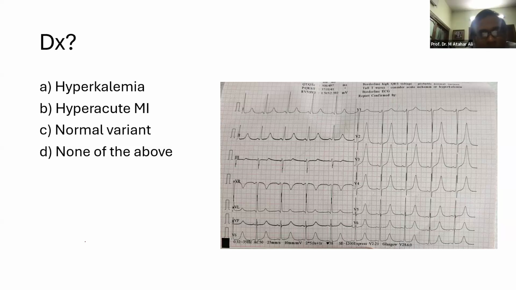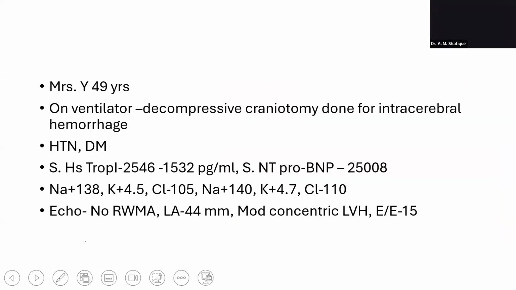So actually, this one point, it is really difficult for me to go into diagnosis in my patient. Patient was in ICU, female, 49 years, and decompressive craniotomy done because of intracranial hemorrhage. Patient hypertensive, diabetic.